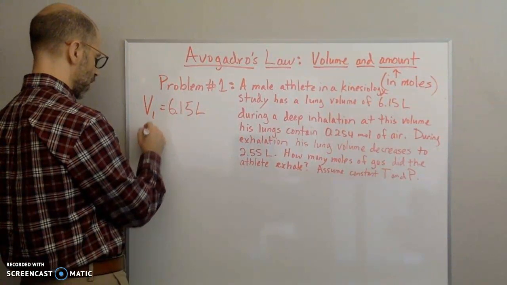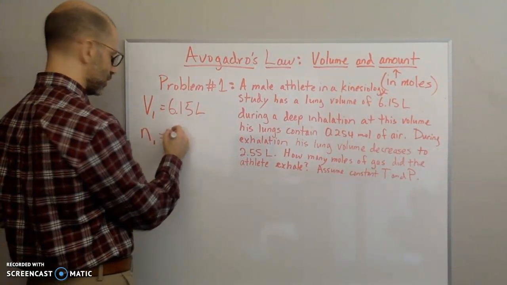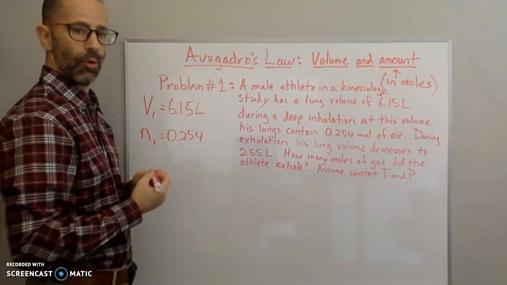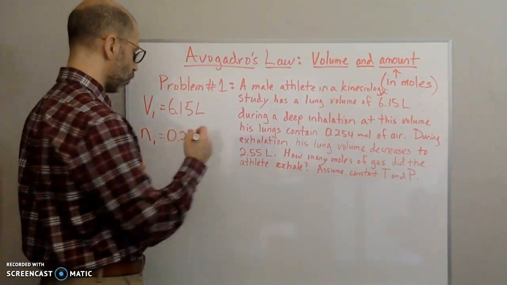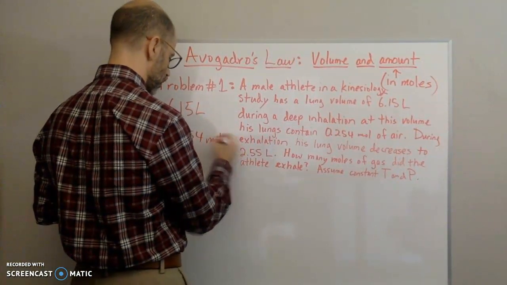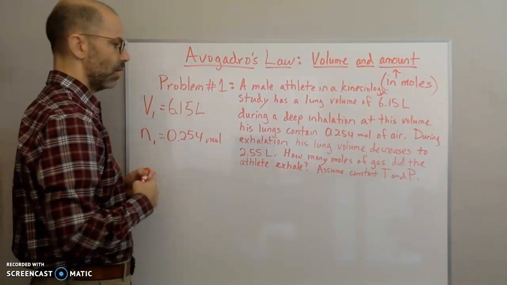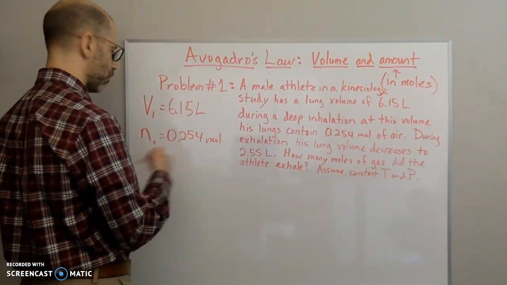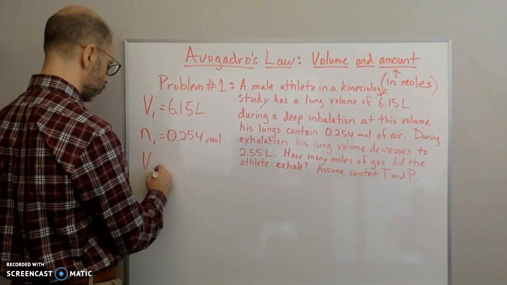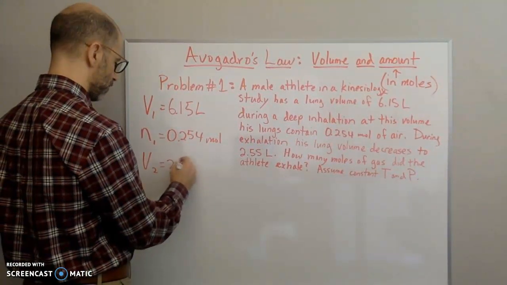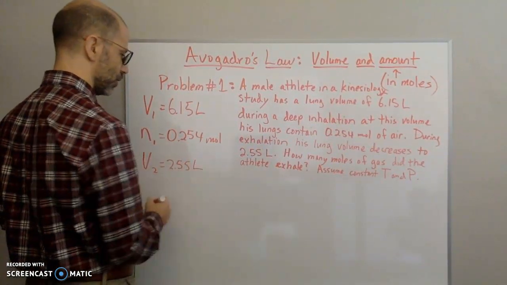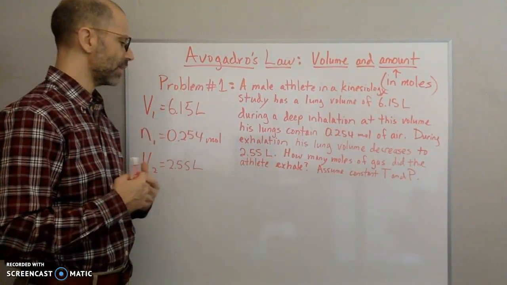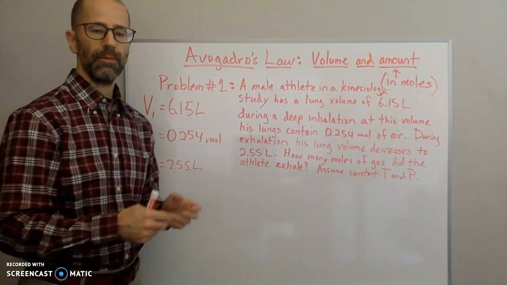So that's going to be our N1, and that's 0.254 moles of the air. Now during exhalation, his lung volume decreases to 2.55. So that's going to be our V2, so that's 2.55 liters.